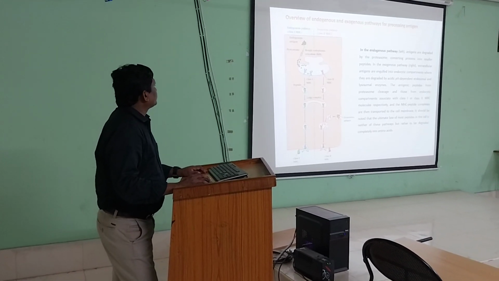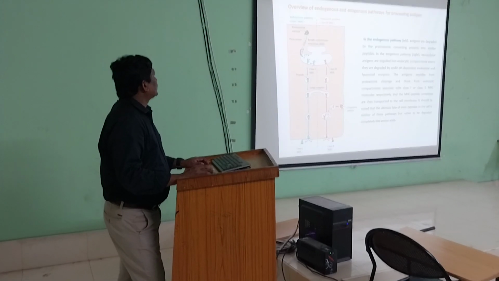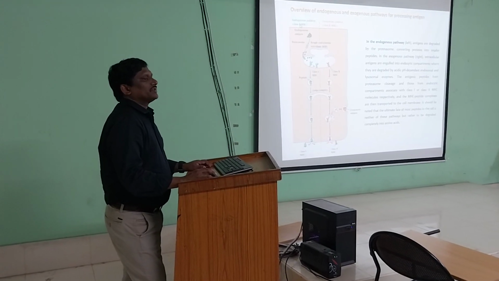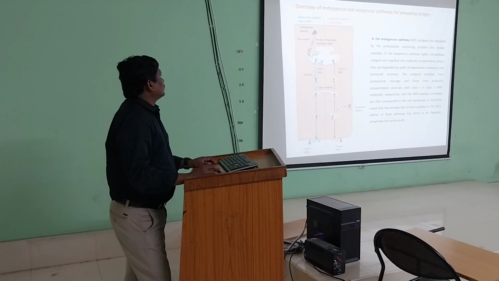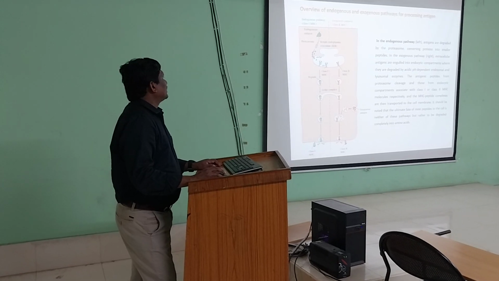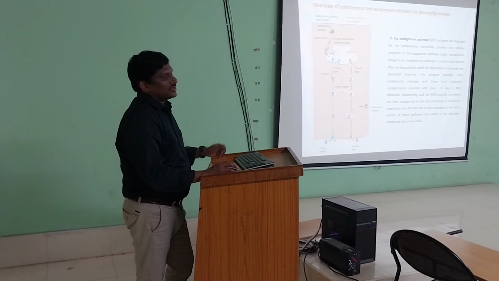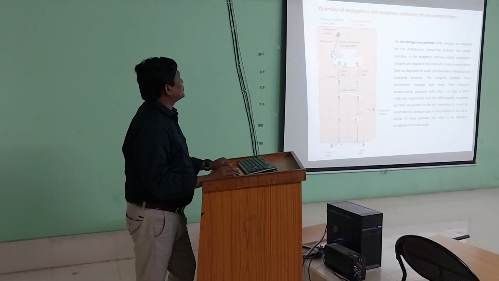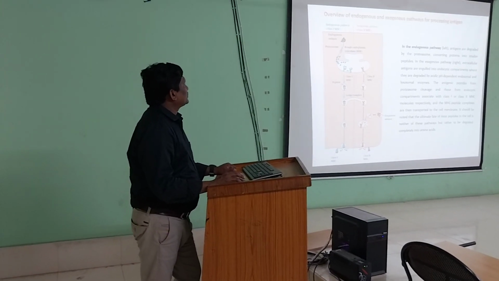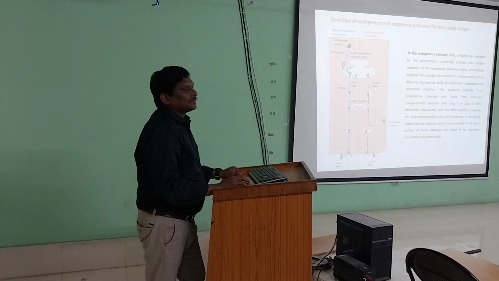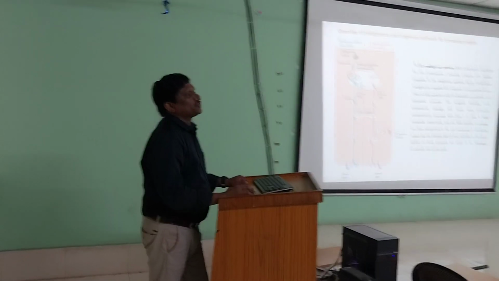The left panel shows the endogenous pathway in which the class 1 MHC plays a key role. This class 1 MHC captures an antigen as a whole, and this antigen is then processed by a mechanism called the proteasomal degradation system.